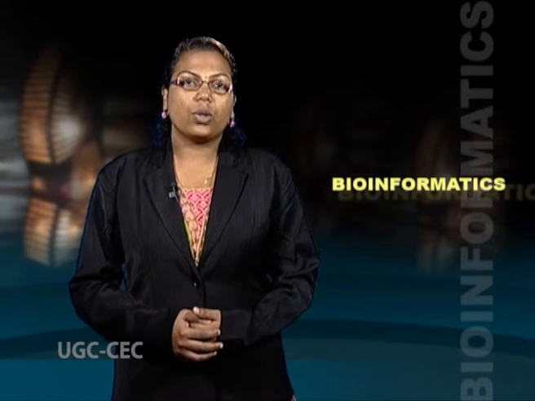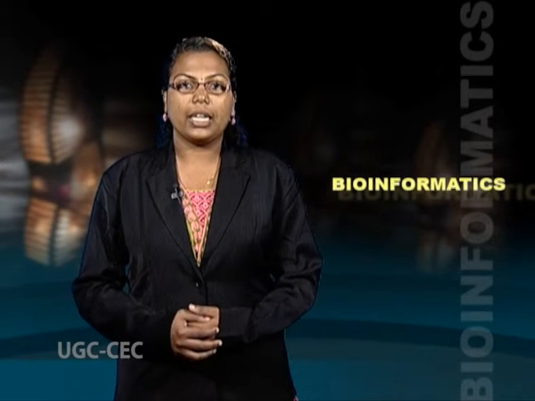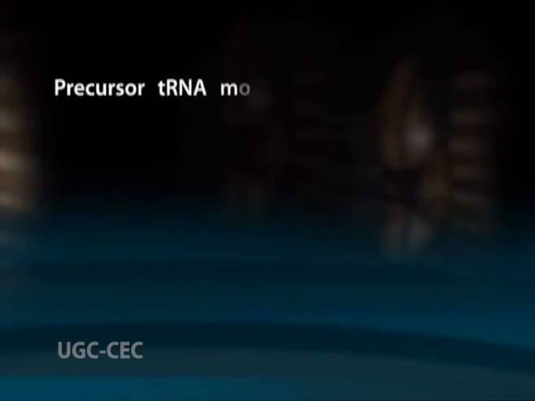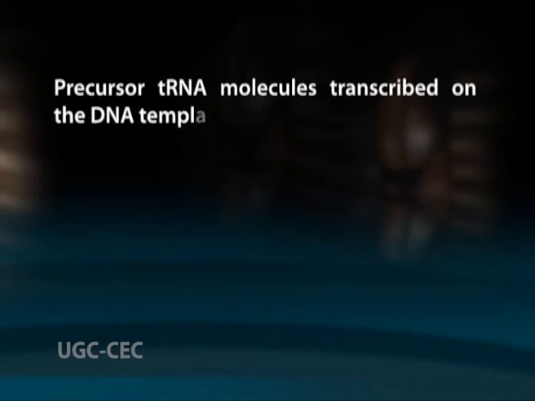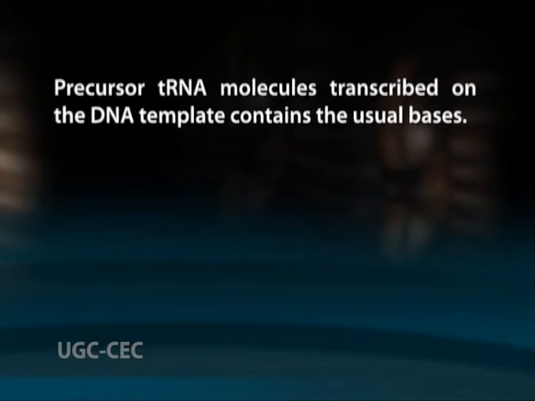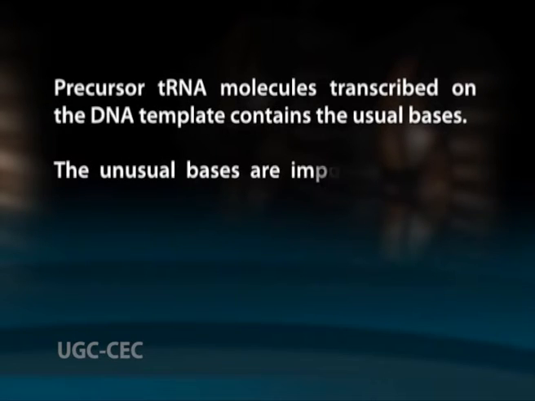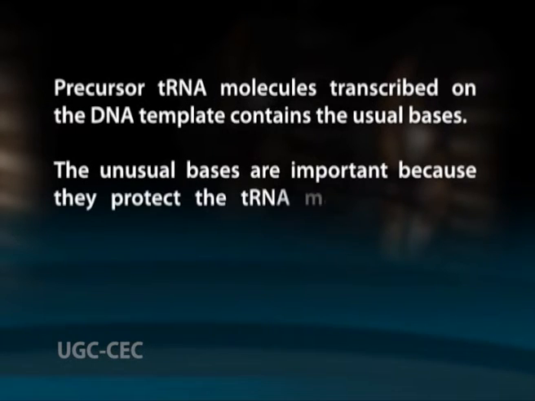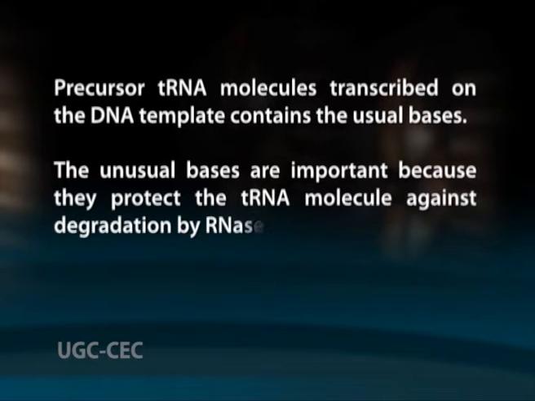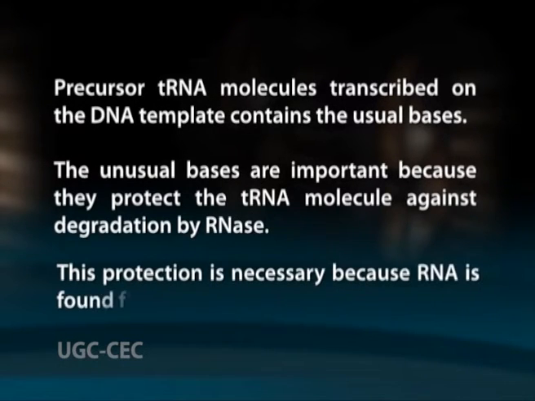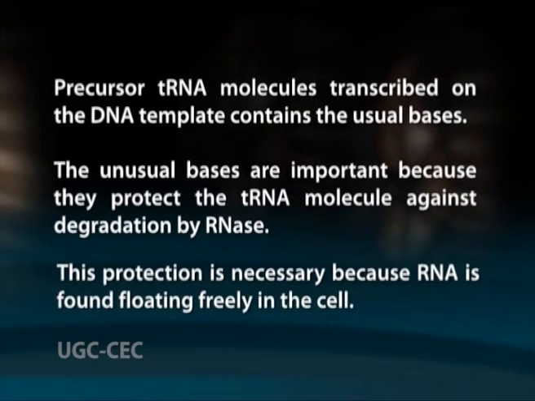For example, cytosine and guanine on methylation yield methyl cytosine and methyl guanine respectively. Precursor tRNA molecules transcribed on the DNA template contain the usual bases. The unusual bases are important because they protect the tRNA molecule against degradation by RNases. This protection is necessary because tRNA is found floating freely in the cell.